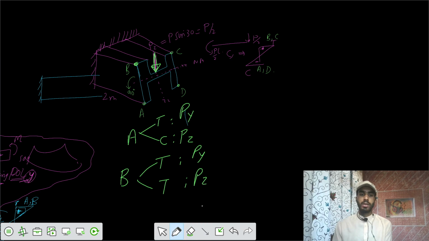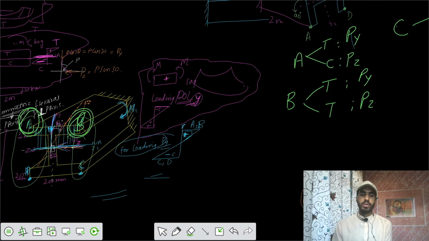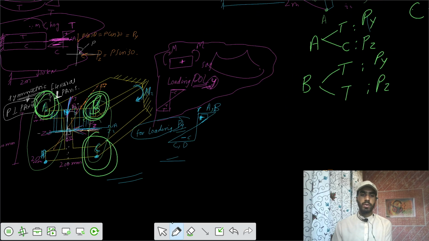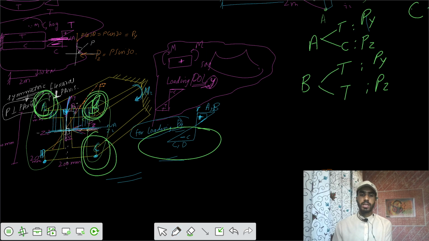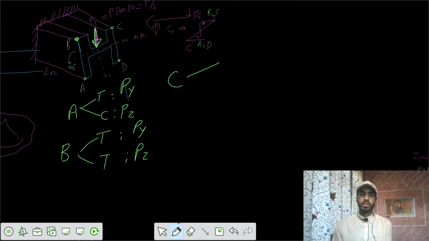Similarly for the C, initially you have compressive stress for the loading of PY, and you have tensile stresses here for the loading of PZ.